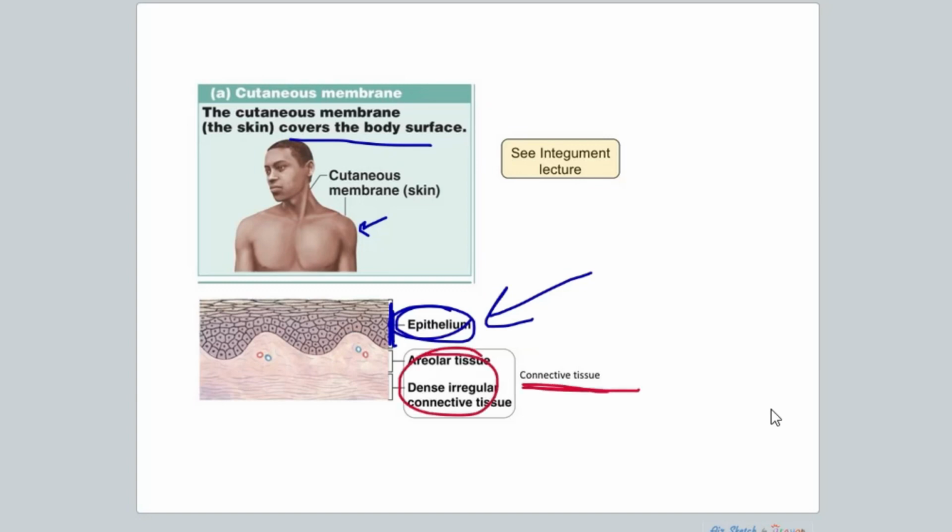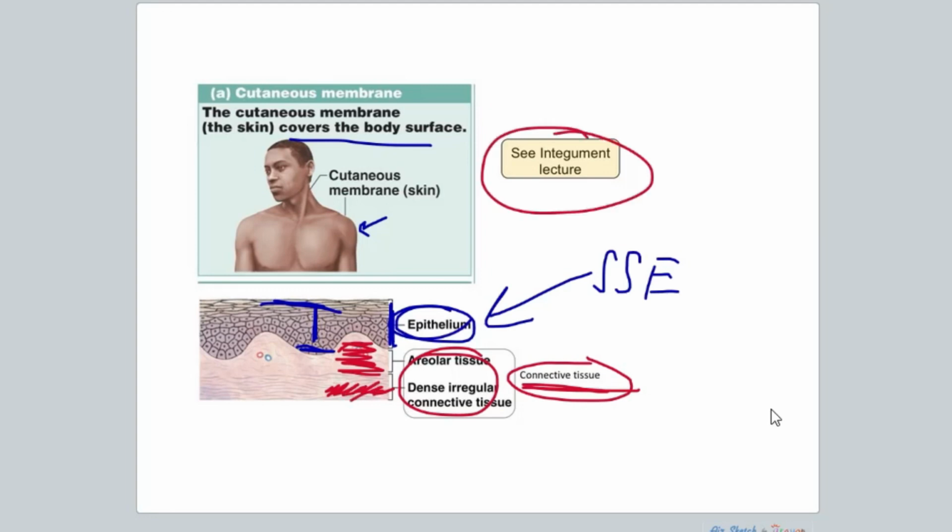And the specific epithelium that we find in the cutaneous membrane is this. What's that type of epithelium? Stratified squamous epithelium. And then underneath it we have two layers of connective tissue. We have a layer of areolar tissue here, and then underneath it we have a layer of dense irregular connective tissue. But all of these details we're going to talk about in the integument lecture.